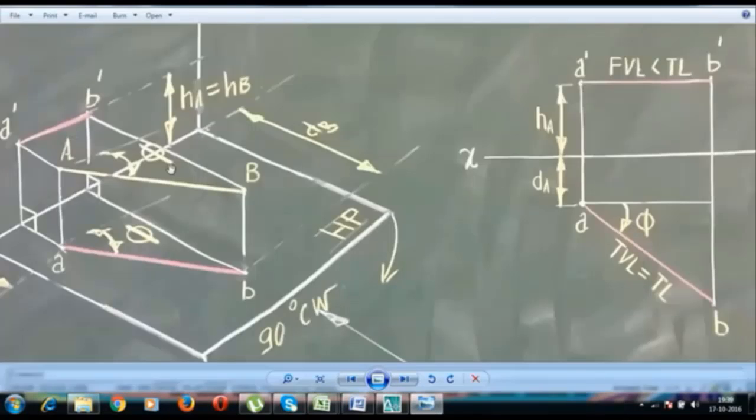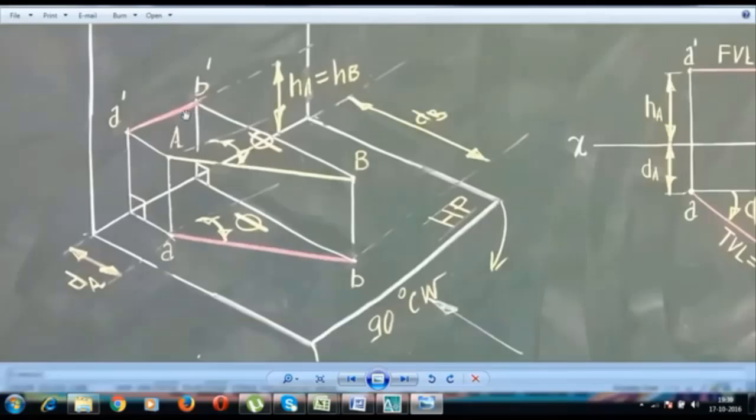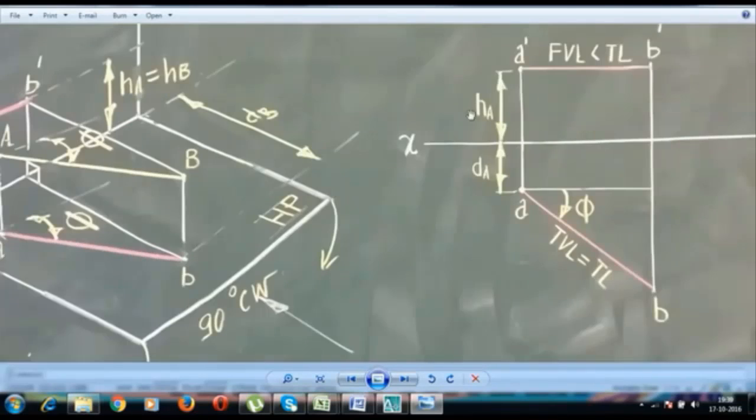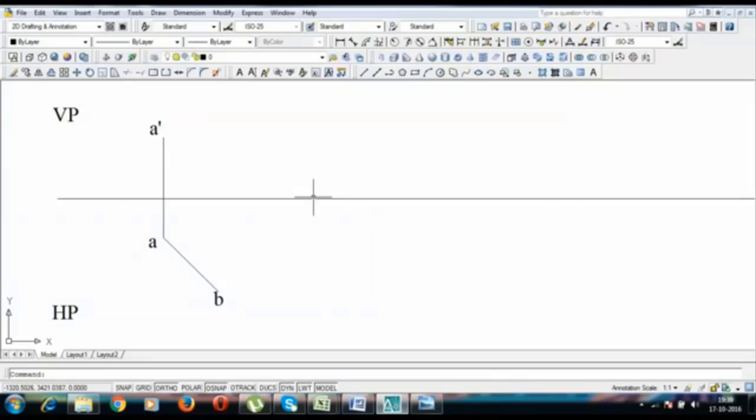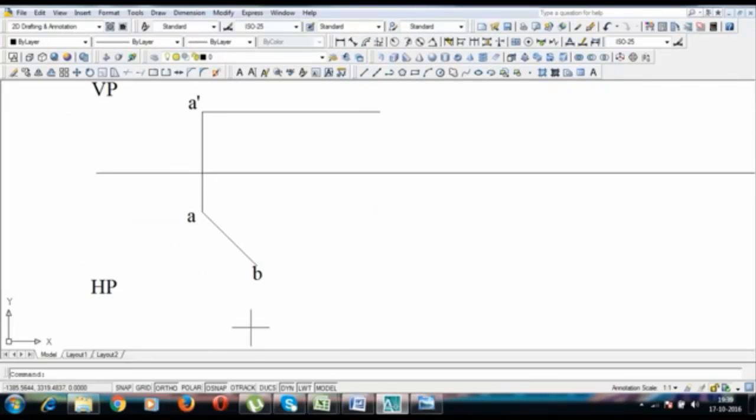Finally, if you look at this object from the front, it would appear as a straight line. This line is going to be absolutely parallel to this horizontal or reference line. So I'm going to draw a line from here of any suitable length, and then I look at this from the front, and it's going to end up somewhere here.